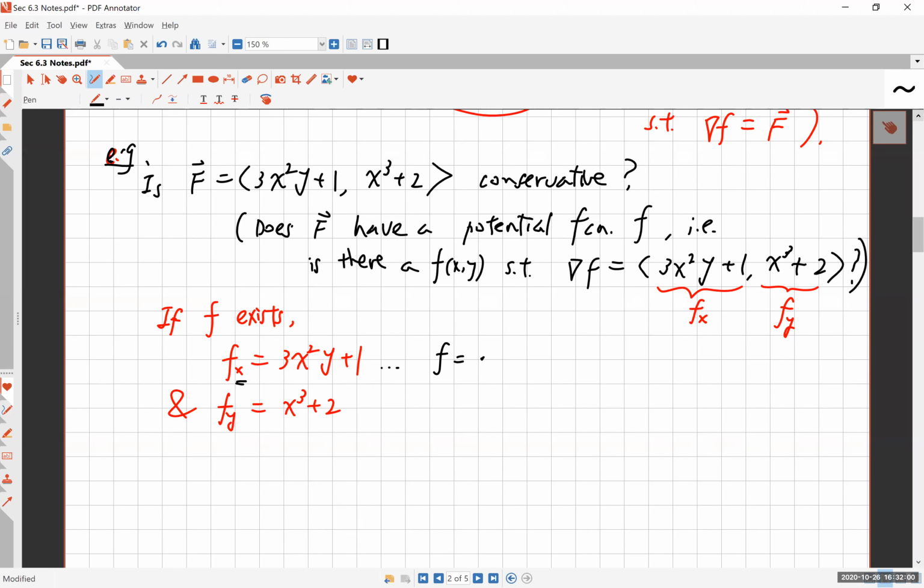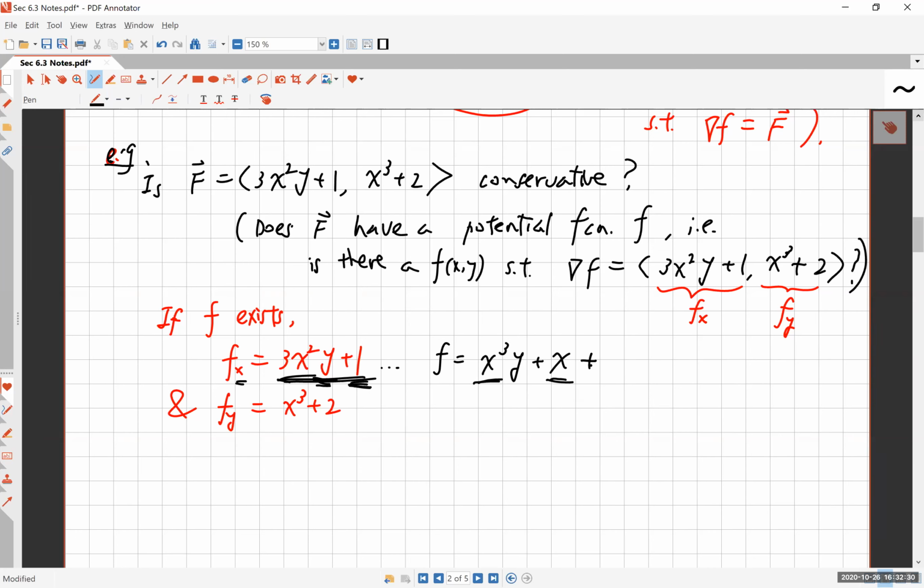So the original function must have x cubed y plus x. So you're basically taking the antiderivative of this with respect to x, thinking of y and 1 as constants. So 3x squared means that you have to have x cubed, whose derivative with respect to x is 3x squared, and y is like a constant, so you just add y to this. And then x, the fact that there's 1 here means there must be an x here.